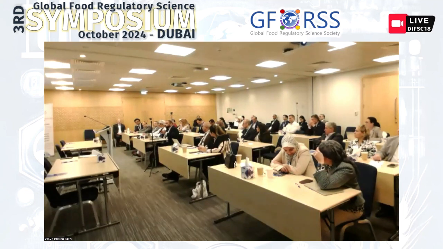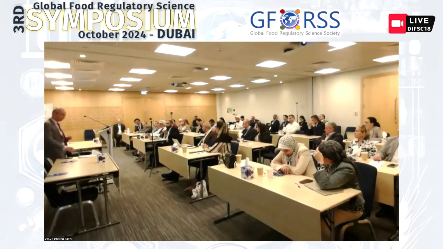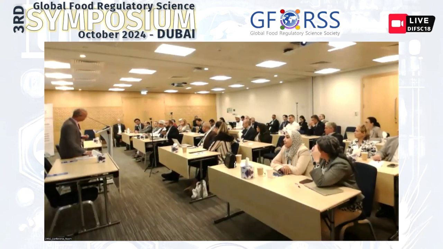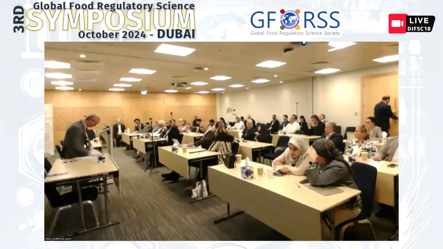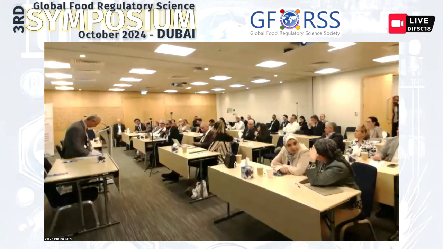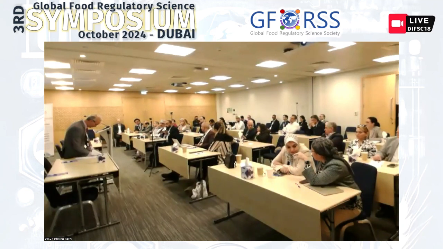This is number one. Number two, a standardized approach for the region, because as you know, consumption in the region is most probably the same. What is the priority for the contaminant? Is it pesticides, mycotoxins, veterinary drugs, heavy metals, pathogens?